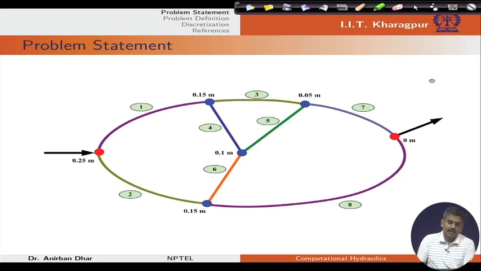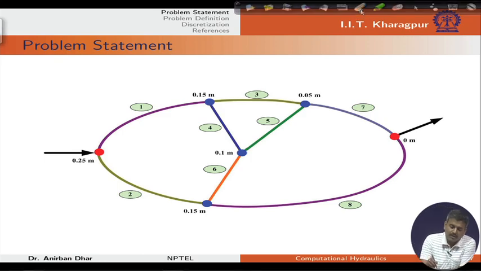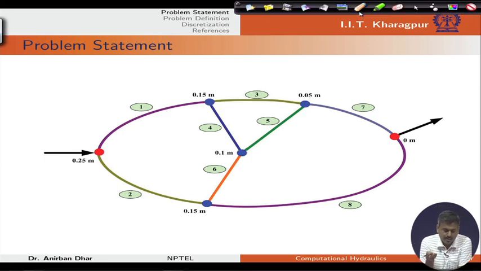Now, let us consider this complicated network. As per this network directions, this is the lowest point, with 0 meter bed elevation.